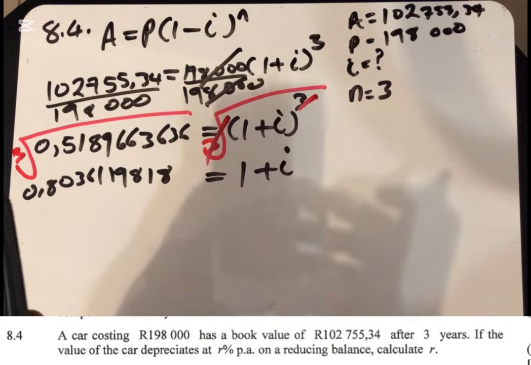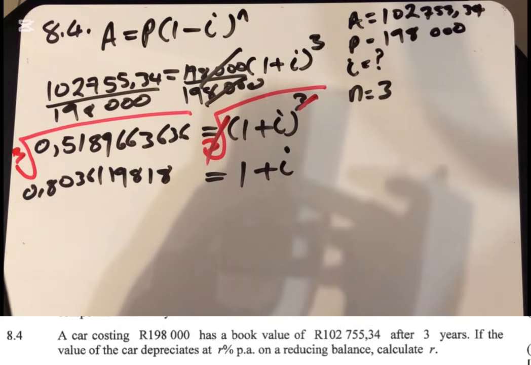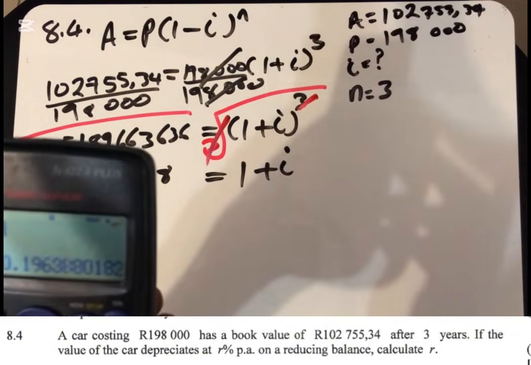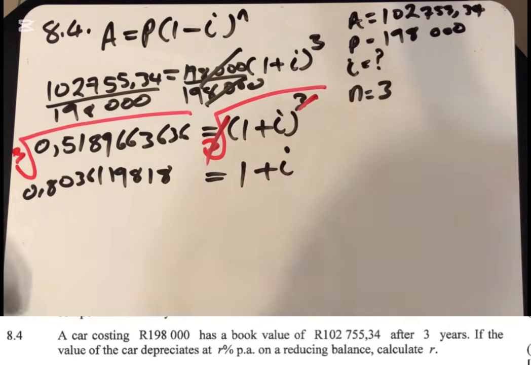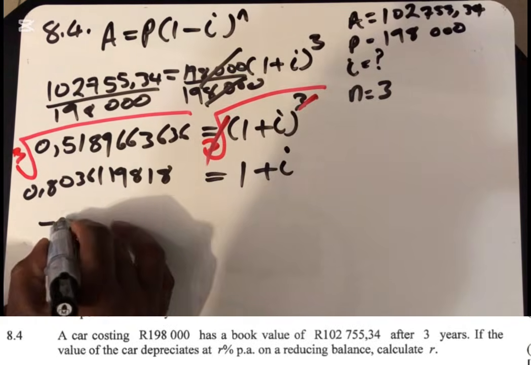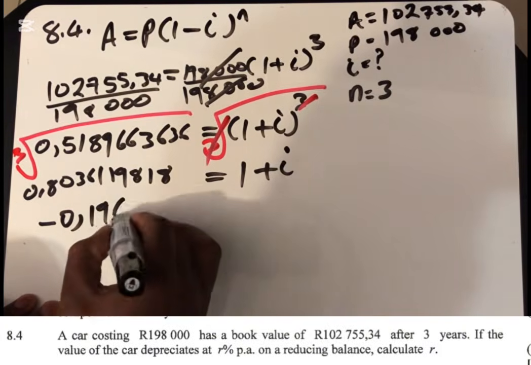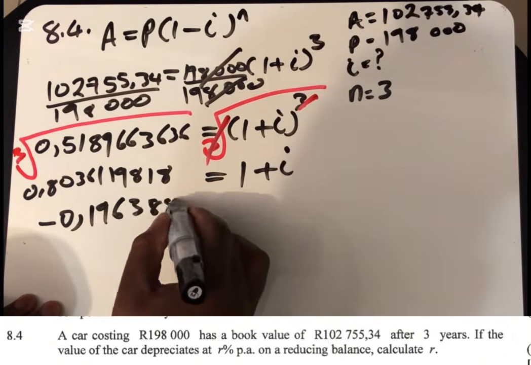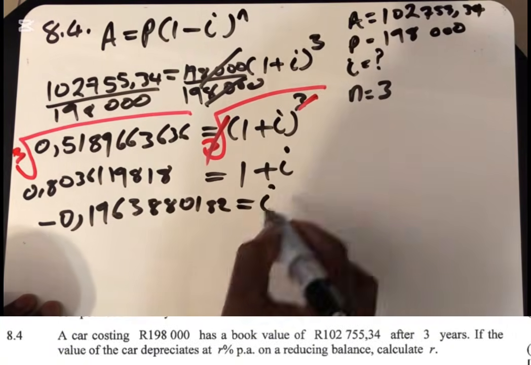Our answer is now going to be negative 0.1963880182. So that is our answer, negative 0.1963880182 is equal to i.